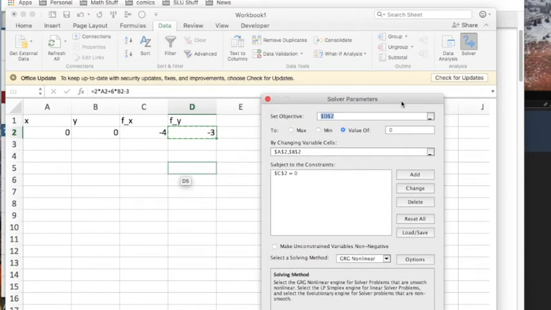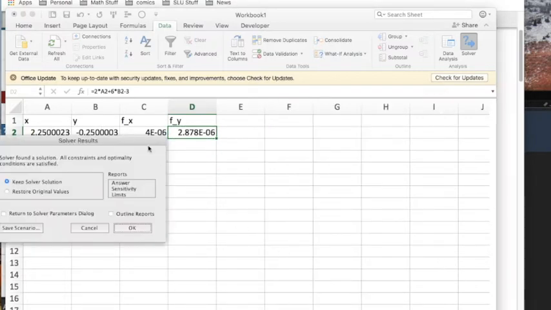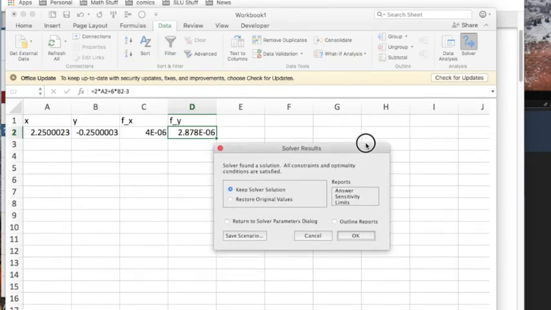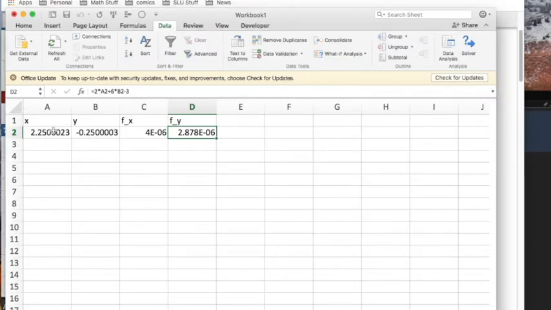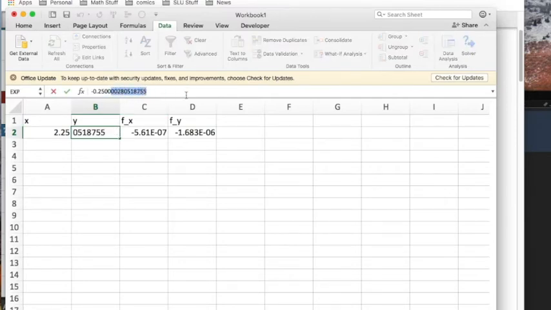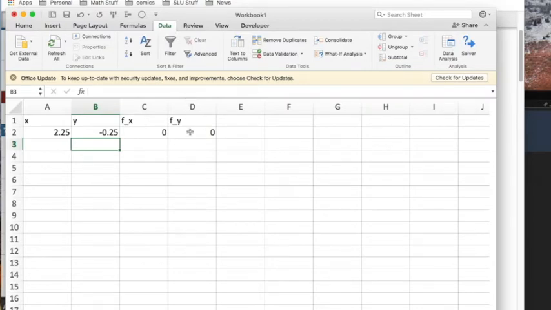Now I look at it and say I'm ready to solve, and it's got an answer. Now when I look at the answer, Solver got these almost to 0 by taking those places. I think that's a fine answer, but I'd like to look at what happens if I have more exact numbers that seem to be in line with the kind of equation I have. And when I do that, my almost 0 becomes 0.